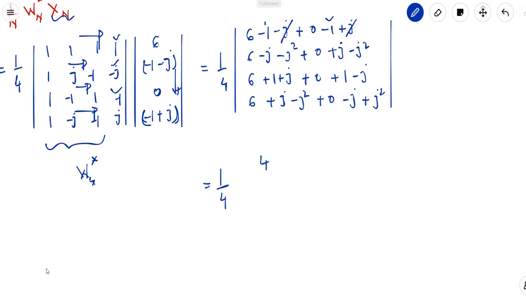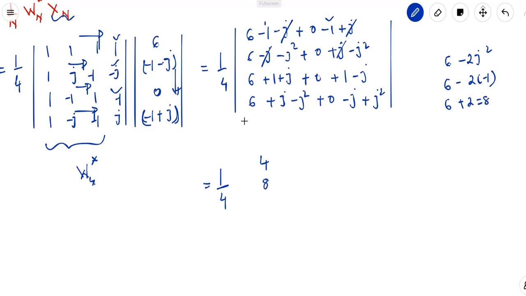The second value: this j and this j will get cancelled. So you have 6 plus 6, then minus 2j square, correct? j square is minus 1, so this becomes 6 plus 2, which is 8. So the second value is 8.